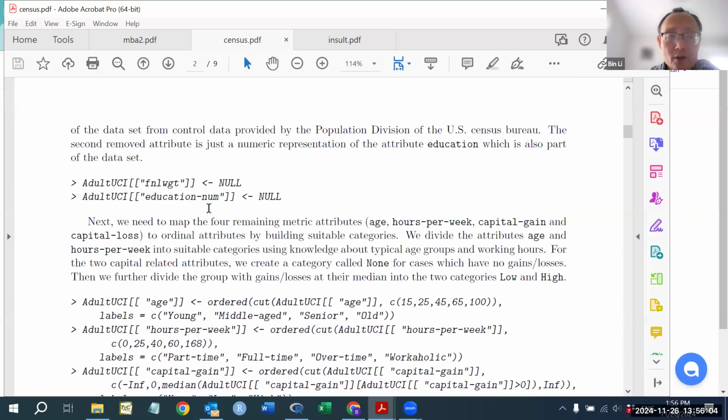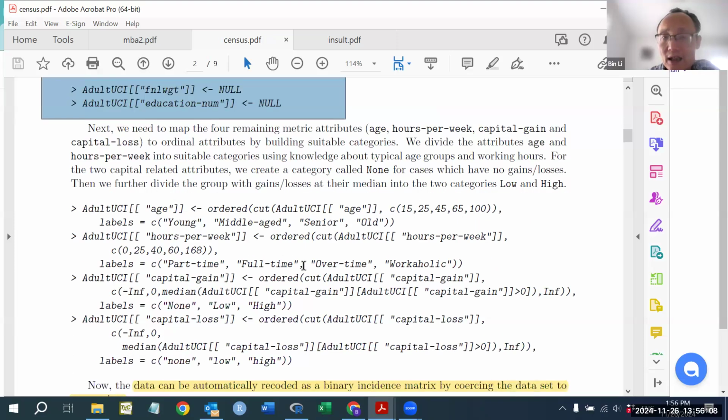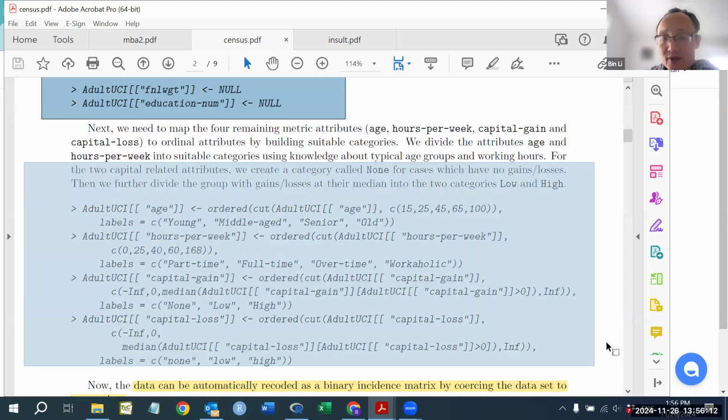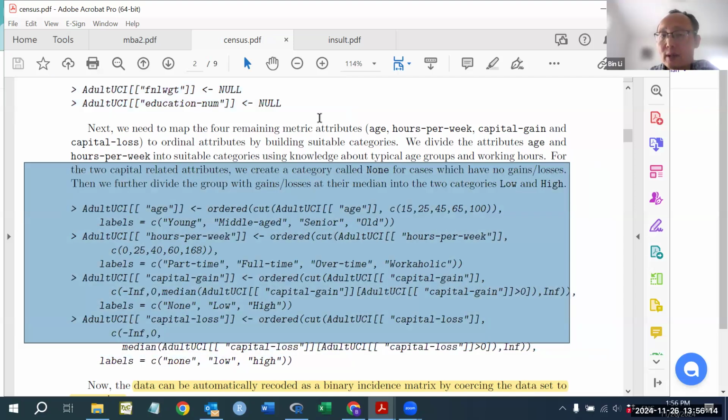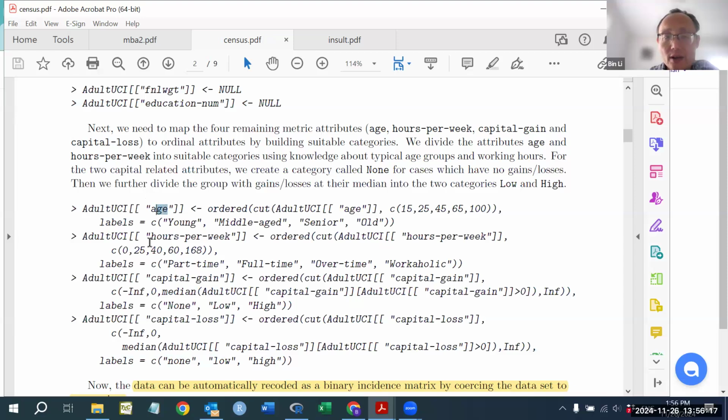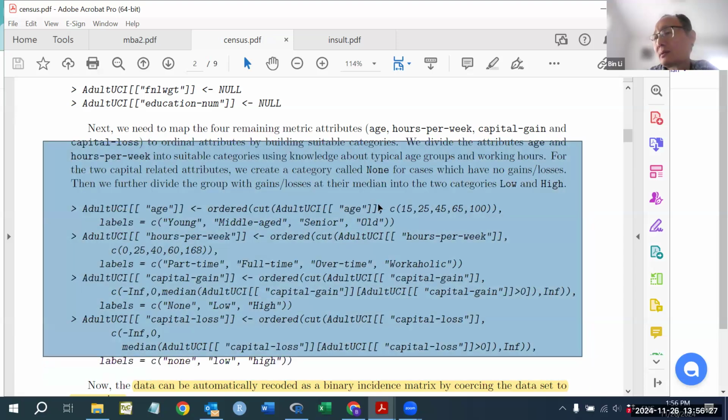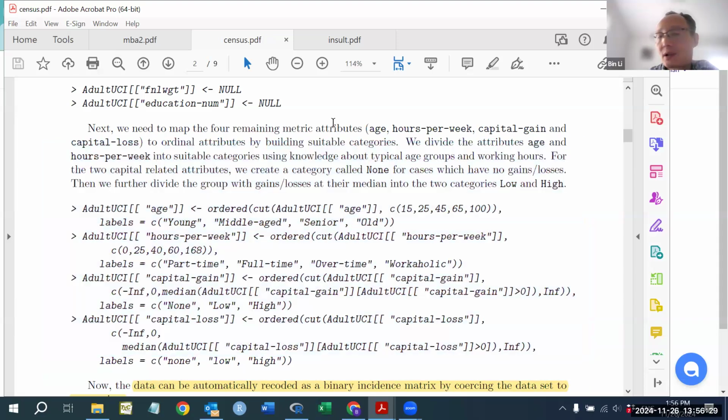After we removed these two variables, we have 4 numeric variables. These 4 numeric variables are the age, hours per week, capital gain and the capital loss. So these are the 4 numeric variables. The rest of the variables are all categorical.